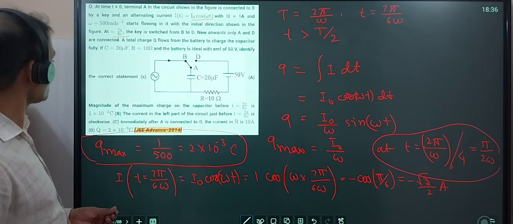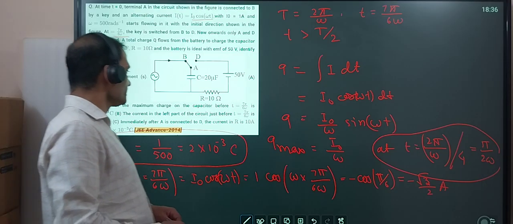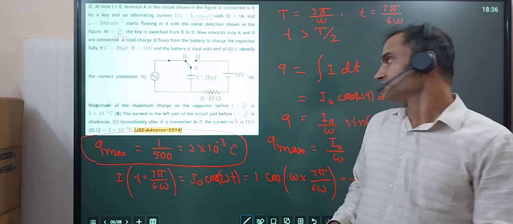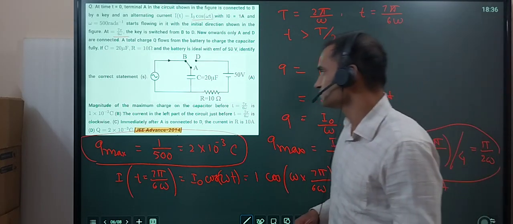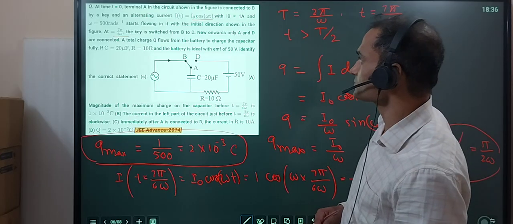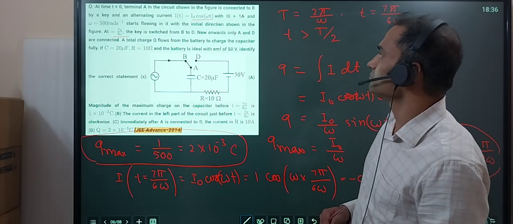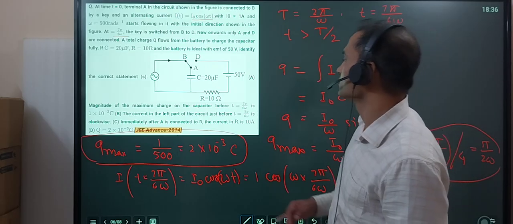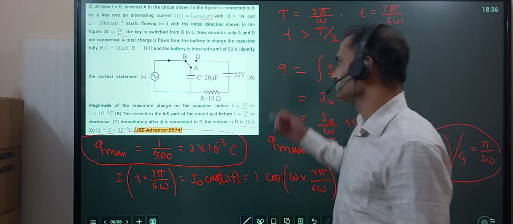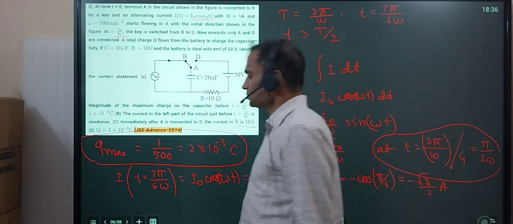Now let us go for C. Immediately after A is connected to D, current is 10 ampere. We have to check it.